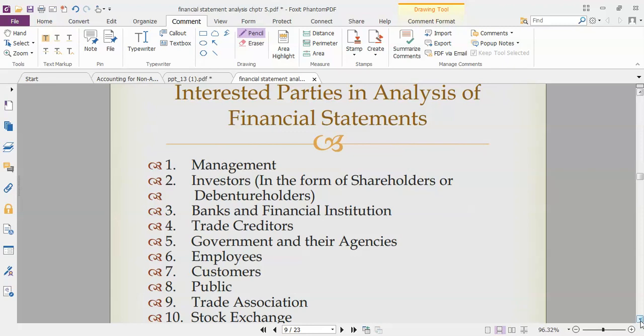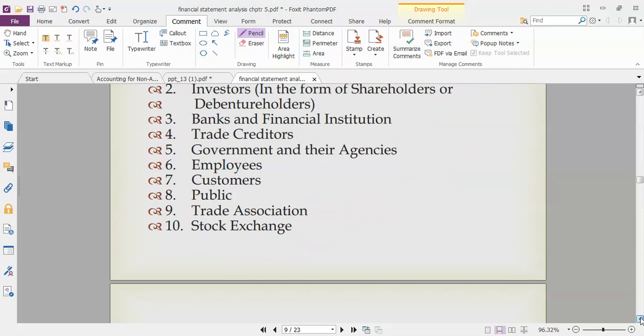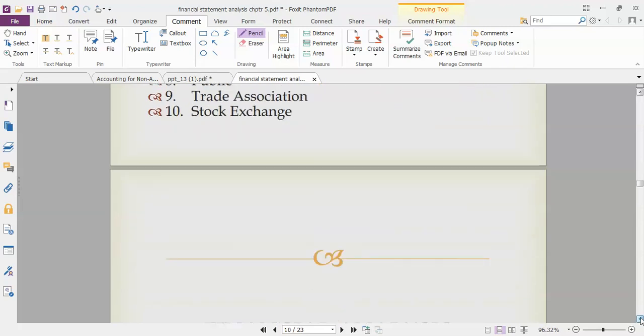And then employees also want to know whether their employer is better financially or not, whether the company will sustain, akan bertahan lama ke tidak. So employees perlu tahu perkara tersebut, right? So same goes to the customers, public and trade association and also stock exchange.